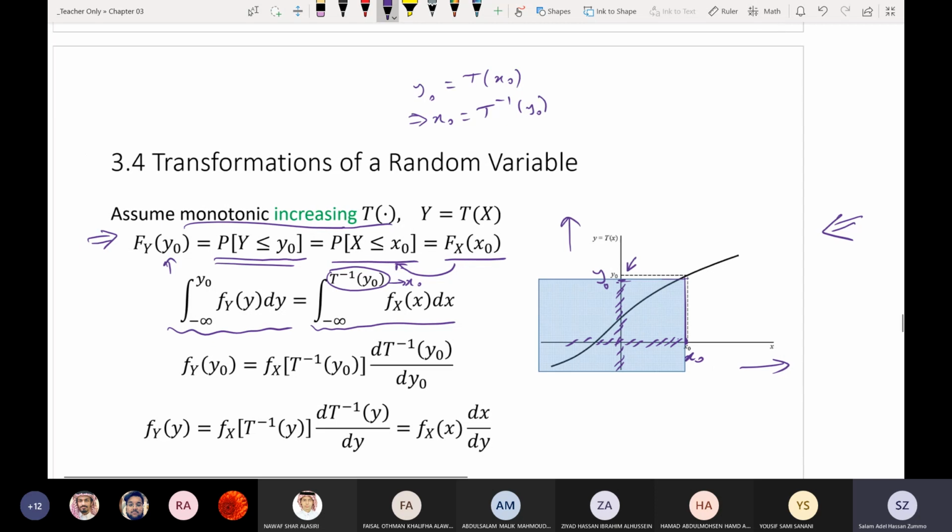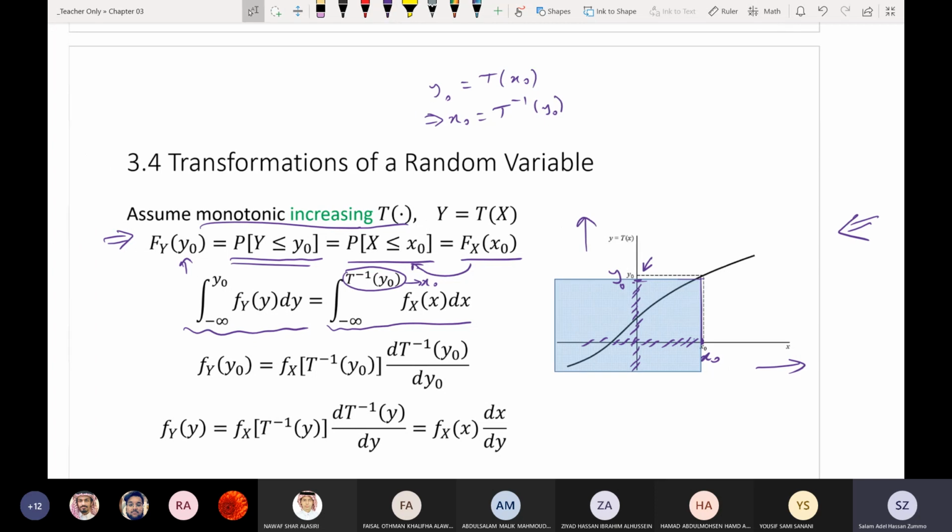So now if we are interested in finding the PDF of Y at y0, what do we do? We differentiate this with respect to y0, right? Let me write it. This is equal to the derivative with respect to y0 of F_Y of y0, by definition.